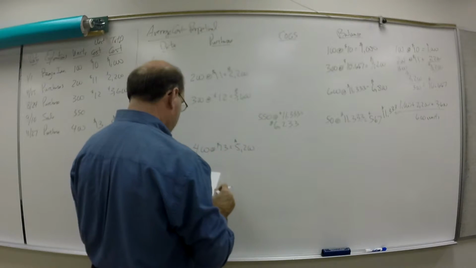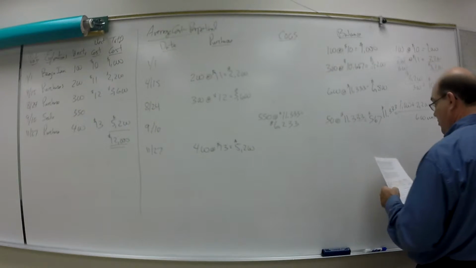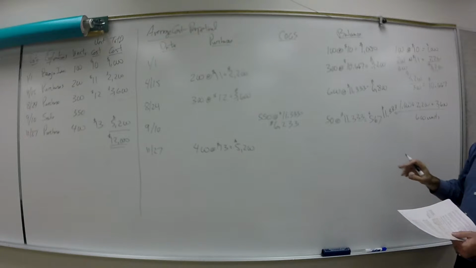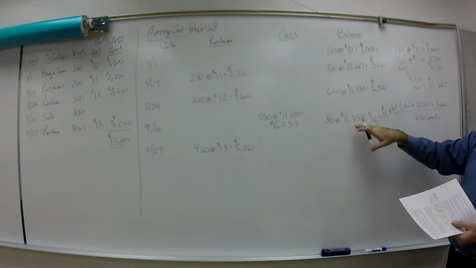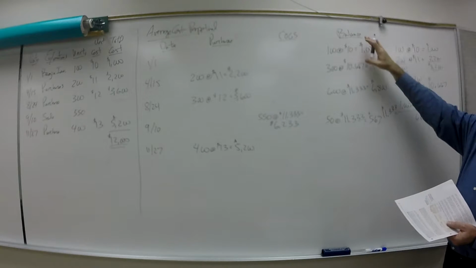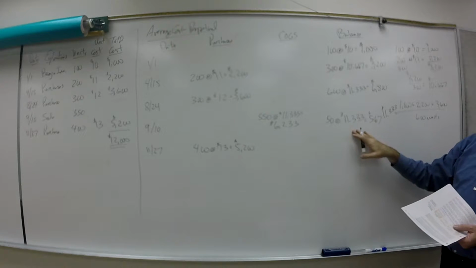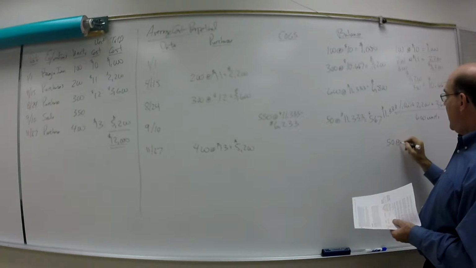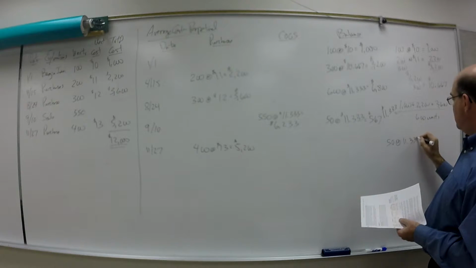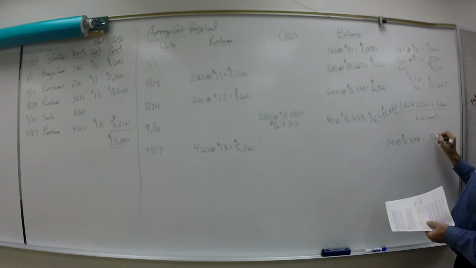Okay. And now we have to find out what our average is, right? For these 50, we have to use this average. Once we've had the sale, we forget about the earlier numbers, all that. We use this number here. So we had 50 at $11.33, that was $567.